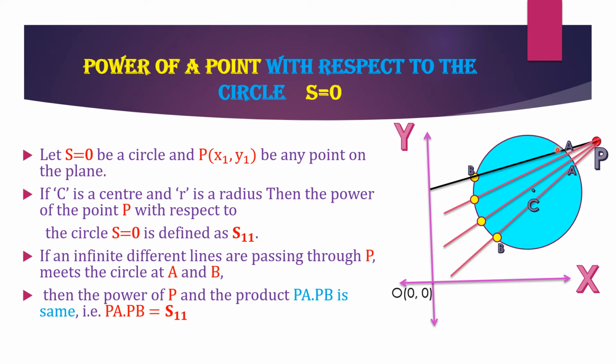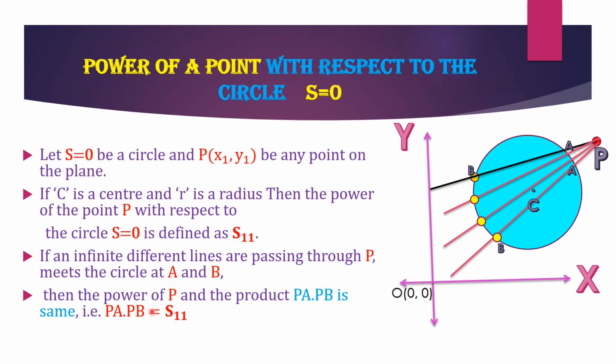We calculate PA and PB for each line, for the second line and the third line also, and find PA into PB and the power of the point with respect to the circle S equal to 0. We observe that the results are the same.